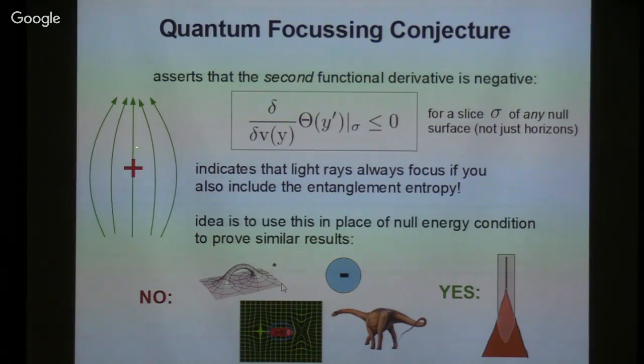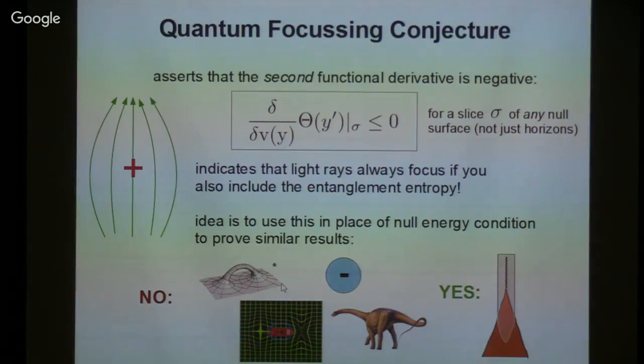The idea is that maybe light rays still focus if you're interested not just in the area, but instead you're interested in taking a second derivative of the area plus the entropy of quantum fields on one side of it. So to write that mathematically, we just take a second functional derivative, and then we say this thing is always less than or equal to 0.